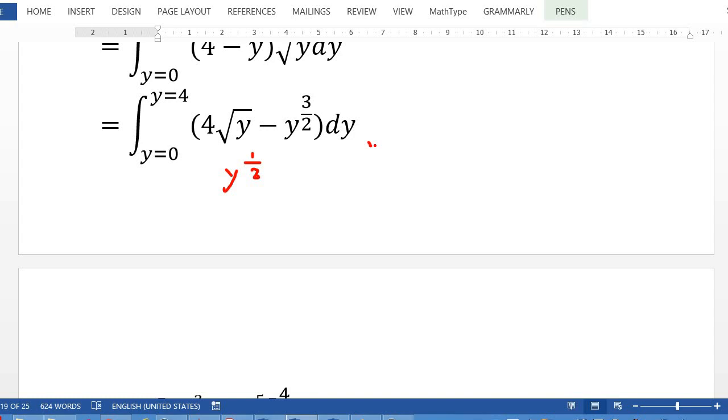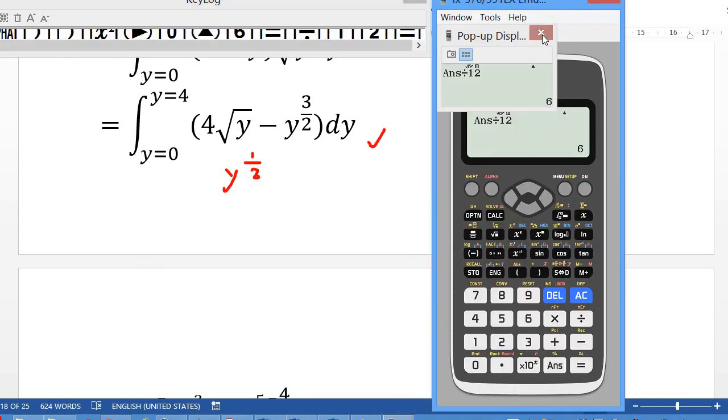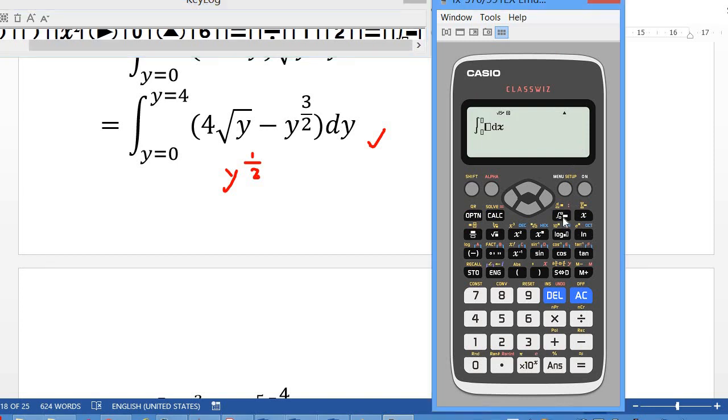Or from here, you can straight away use your scientific calculator. Let me show you an example. Just integrate 4 square root of x. Of course, in a scientific calculator you cannot use y for the integral, you can only use x.